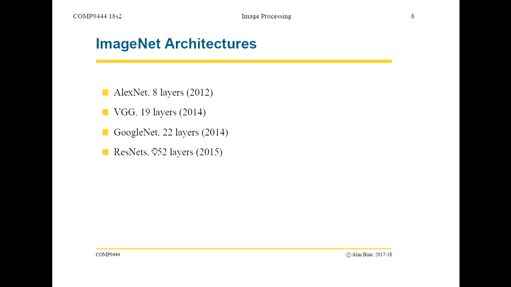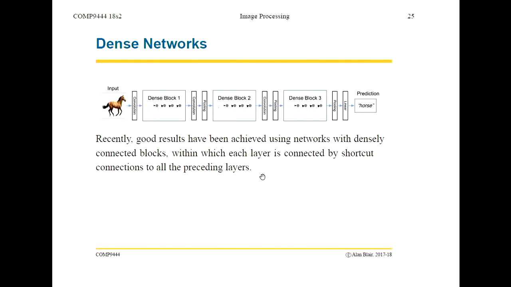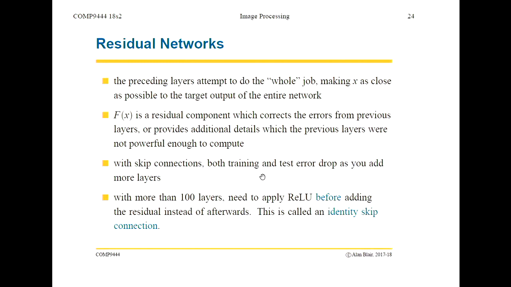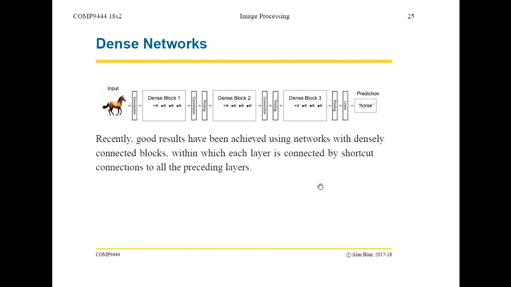And then in 2015, there was an entry which did even better, and this one from 2015 was the residual networks that we just discussed. And then in 2016, which I think is the last time, afterwards they closed the competition because they said the accuracy was good enough. But the 2016 winner used something called dense connections. So the way dense connections work is the following.